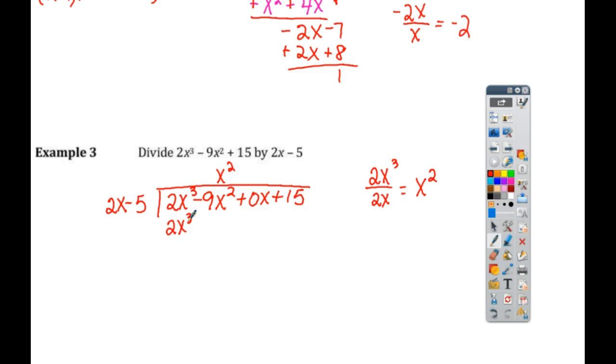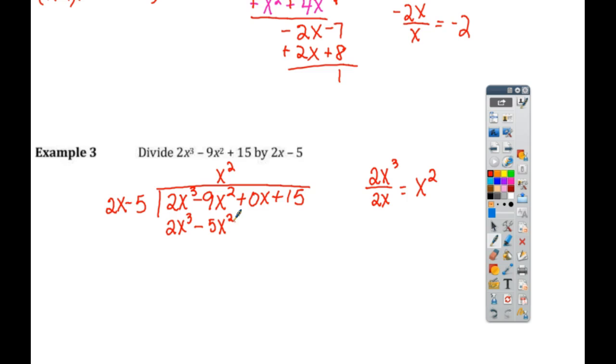X squared times x is x to the third. So it goes under the third. Okay? So then x squared times the minus 5 gives me minus 5x squared.